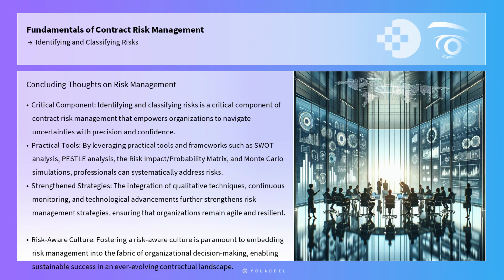The integration of qualitative techniques, continuous monitoring, and technological advancements further strengthens risk management strategies, ensuring that organizations remain agile and resilient. Ultimately, fostering a risk-aware culture is paramount to embedding risk management into the fabric of organizational decision-making, enabling sustainable success in an ever-evolving contractual landscape.